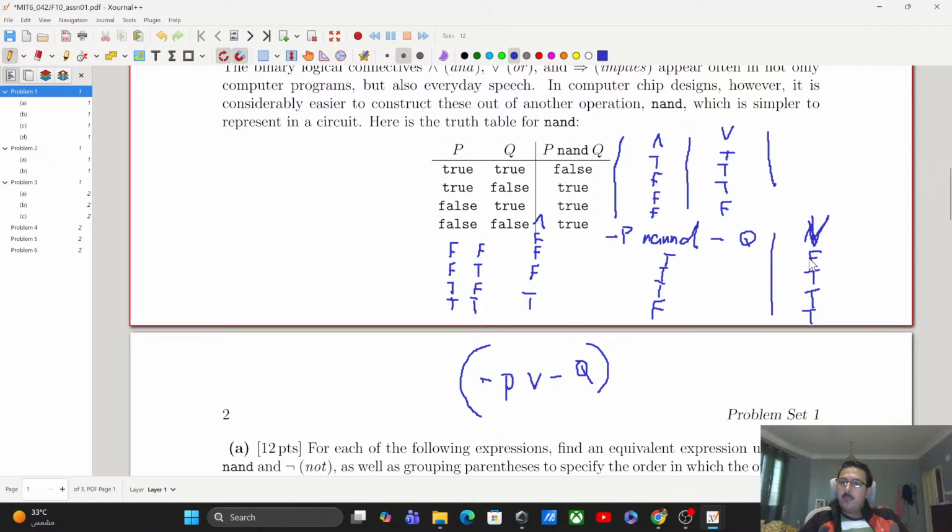Am I correct? So what is it? It's not going to be A. I need to flip this, but how to write it?